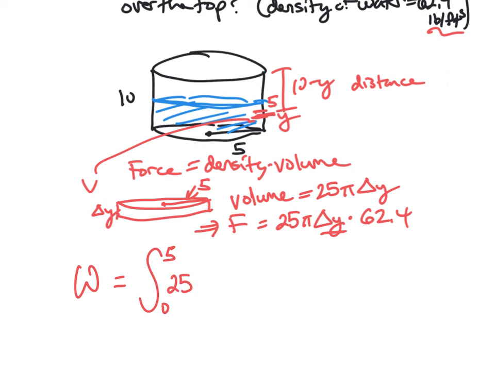So we're just going to have 25 pi times 62.4, all times 10 minus y for the distance, dy. Okay, and so this one I'm just going to set up. You could figure this out. It's not too bad of an integral. So now I'm going to go ahead and give you a chance to practice one like this.